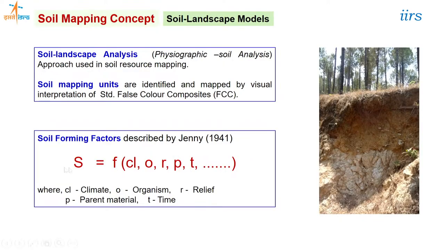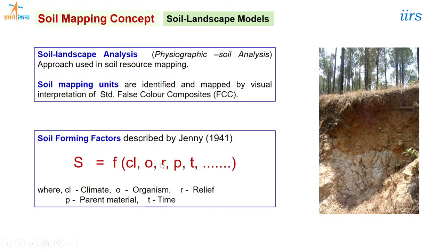Because soil mapping involves understanding the soil forming factors, and you know the soil is formed by the 5 factors: climate, organism, relief, parent material, and time. These 5 factors are there.